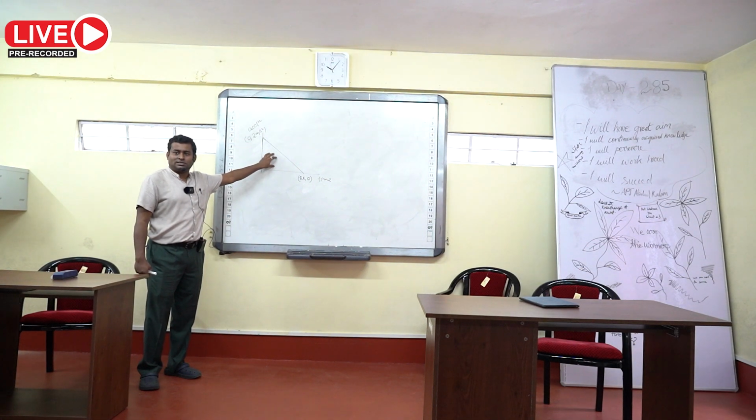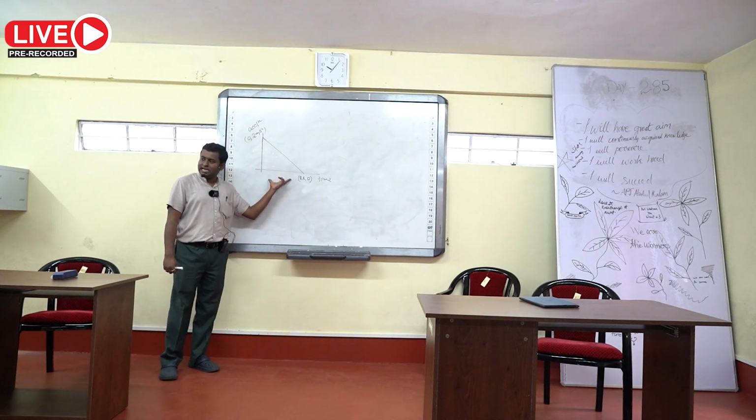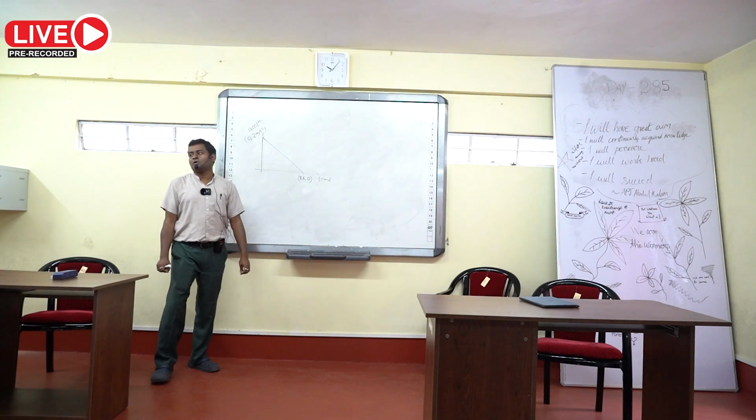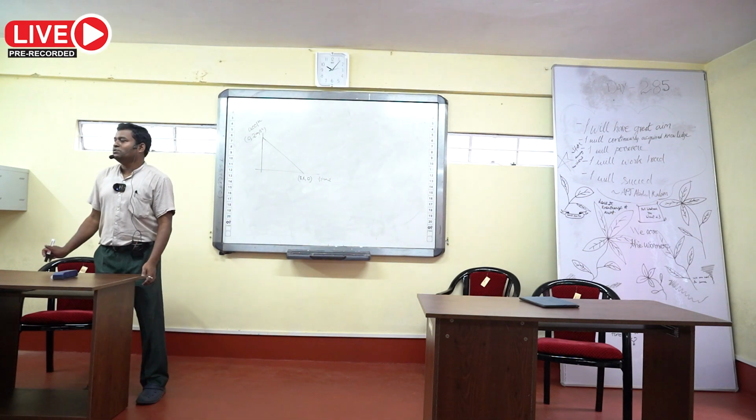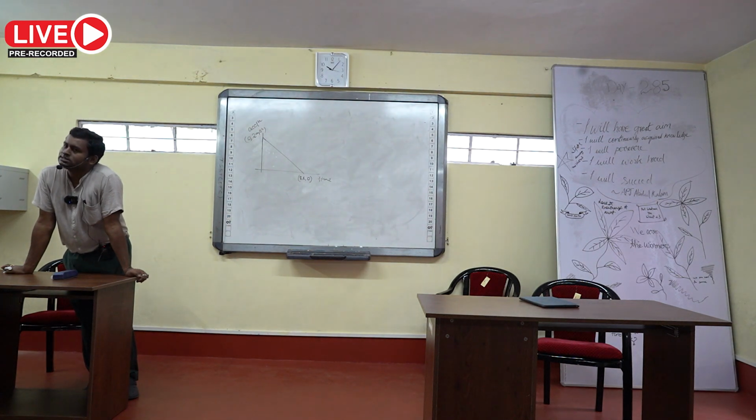You have to calculate area of this triangle. Area of the triangle is half into base into height. So base is 8, height is 2. So half into base into height means 8, and the unit will be unit of velocity, that is meter per second.